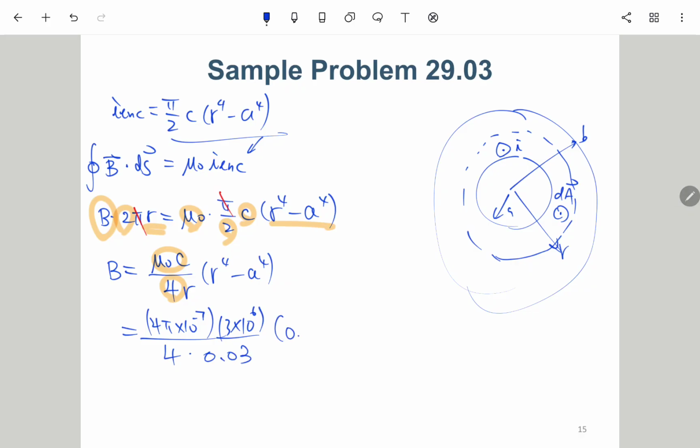Then 0.03 to the 4th power minus 0.02 to the 4th power. Then you can use a calculator to find that this is 20 mu Tesla. Mu is 10 to the negative 6. Hopefully you have already remembered that.